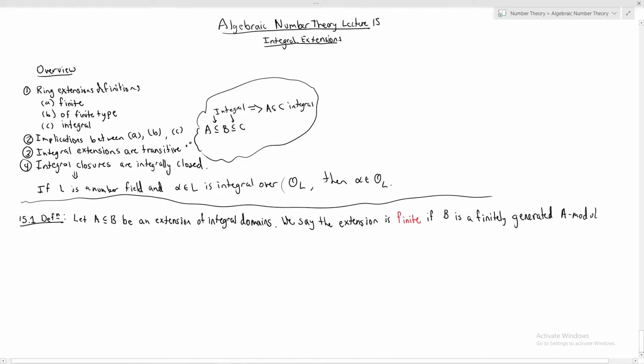So this inclusion of A into B gives B the structure of an A module, and if it has finitely many generators as an A module, then we say this extension is finite.